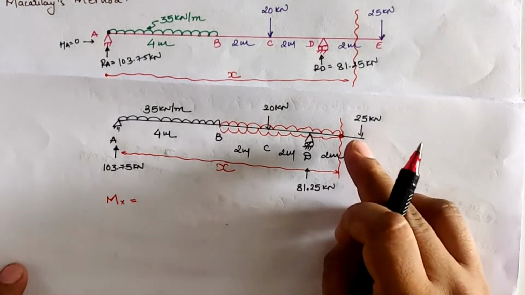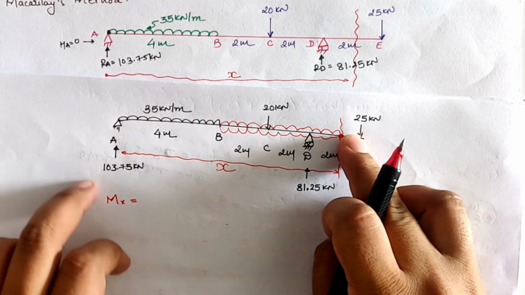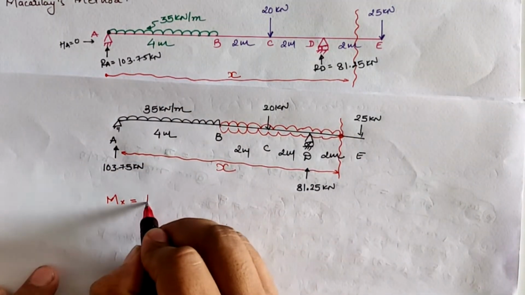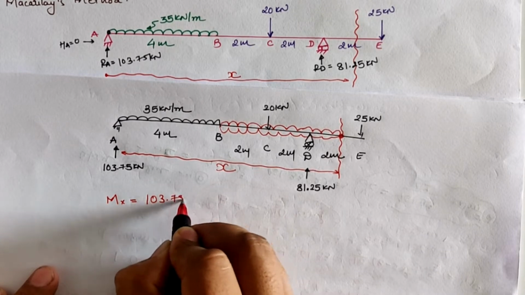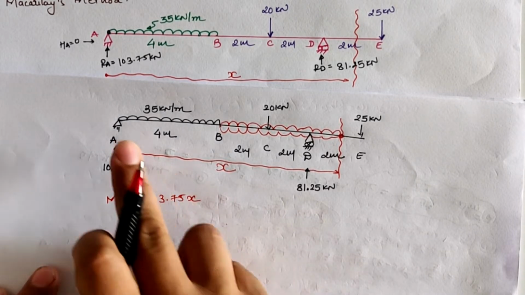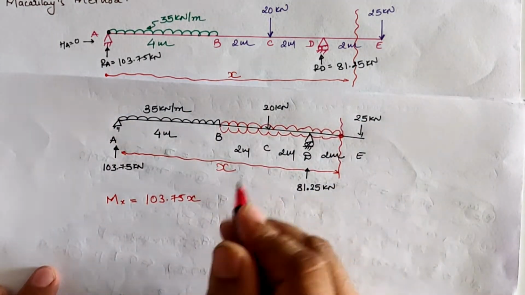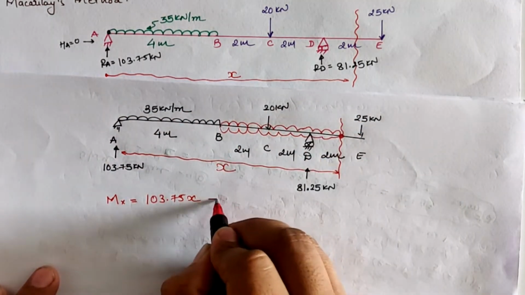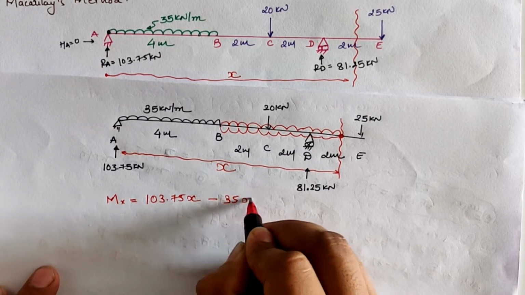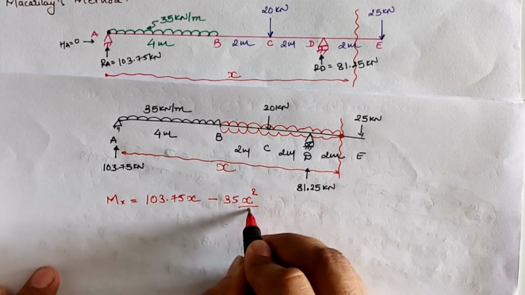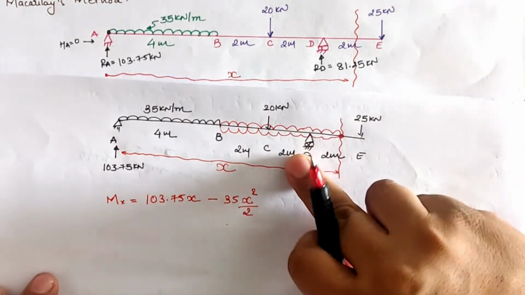Now if we take the moment at this section, we will have moment which is equal to, now at section 103.75 in clockwise direction, so it is positive 103.75 into x. Now 35 kN per meter total downward UDL creates anticlockwise moment, so it is minus 35 into x by 2, as 35 x square by 2 in anticlockwise moment.